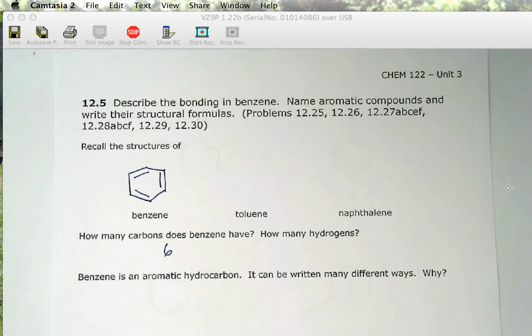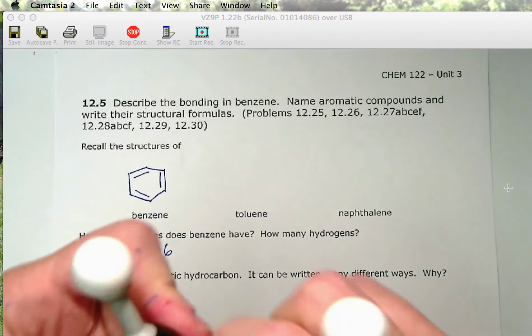Without the bonds it's CH2, CH2, CH2, and then on a bond, each different, that's CH2 to CH, right? So I'm building this so you can see.